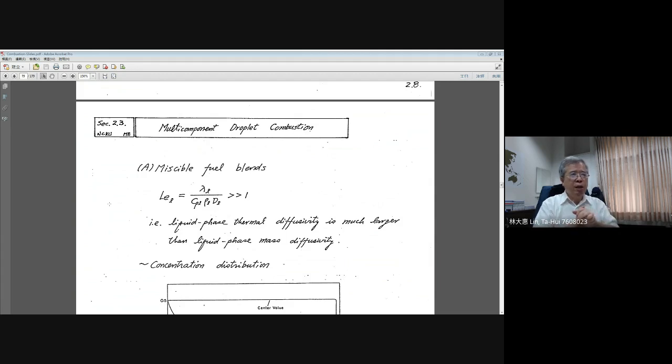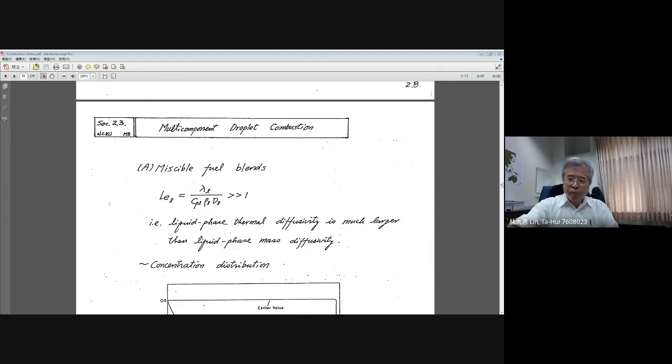The other one, immiscible, means you need some surfactant to keep these two components or species together. Miscible fuel blends means those liquid fuels have very similar properties and are easily mixed.